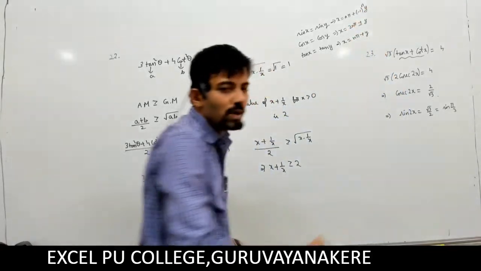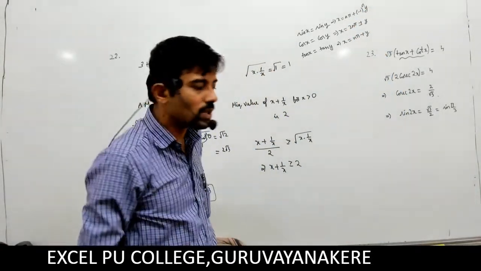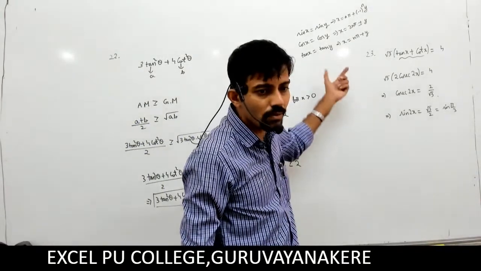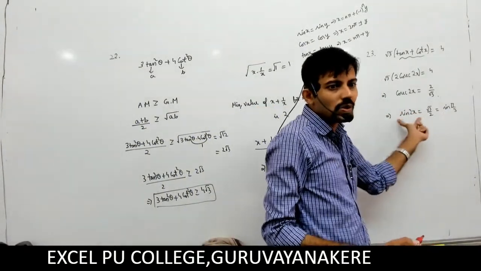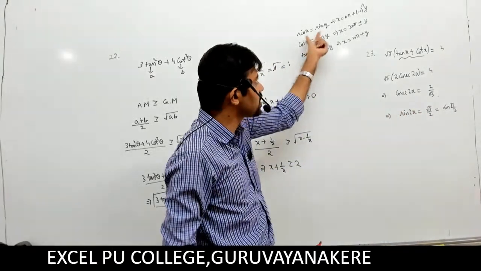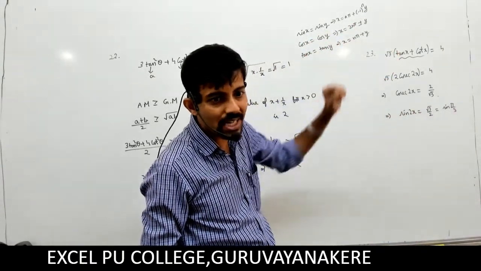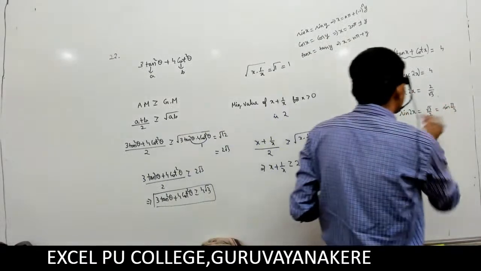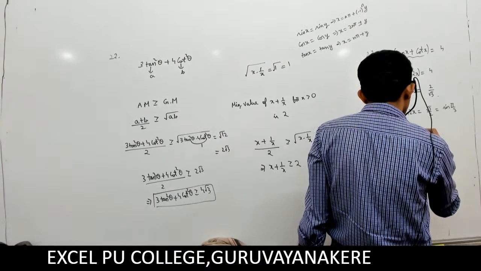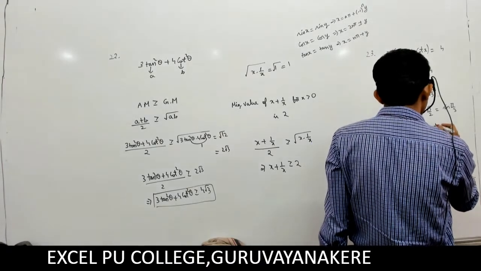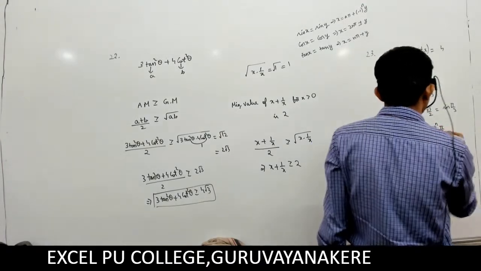3 important trigonometric equations. Given a trigonometric equation, reduce it to one of the 3 forms. Here we reduce it to sin x equal to sin y. General solution is x equal to n pi plus minus 1 to the power n y. Sin 2x equal to sin pi by 3 means 2x is equal to n pi plus minus 1 to the power n into pi by 3.